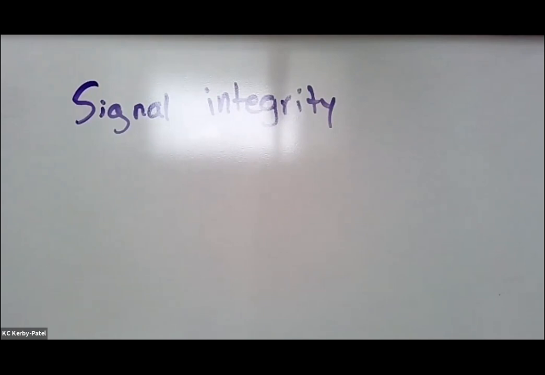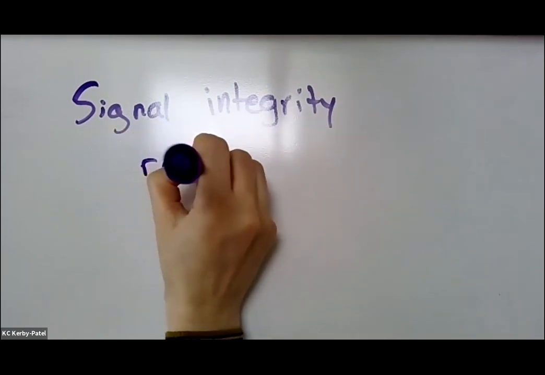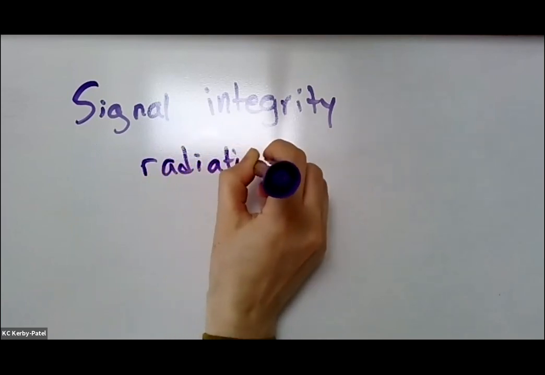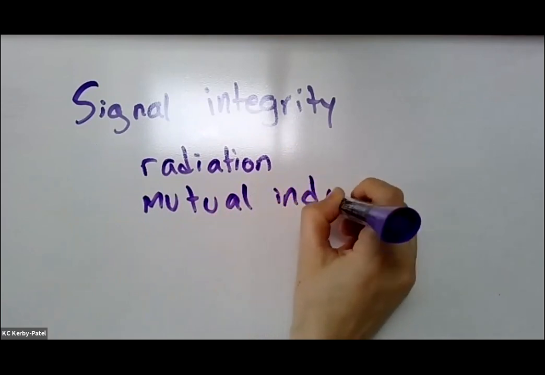Signals on circuits that are not physically touching can affect each other, because we've talked about questions like radiation, mutual inductance.